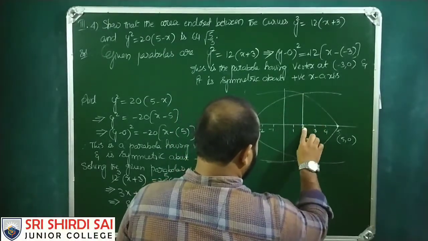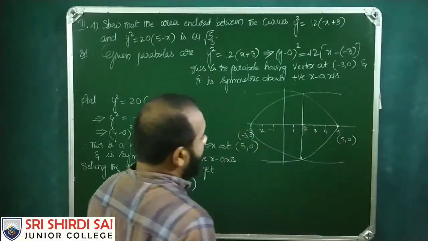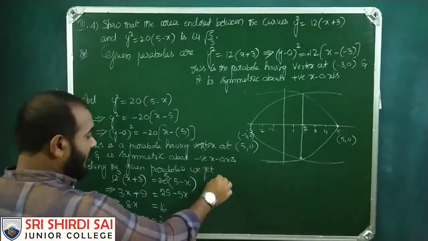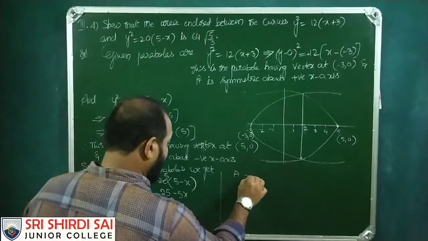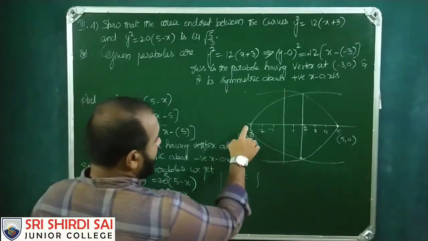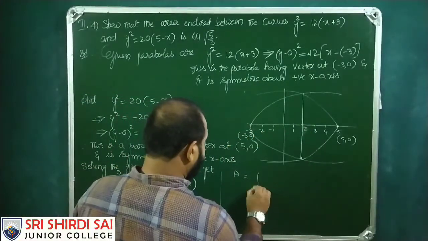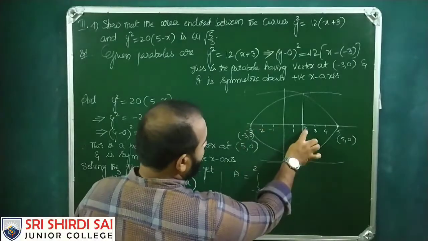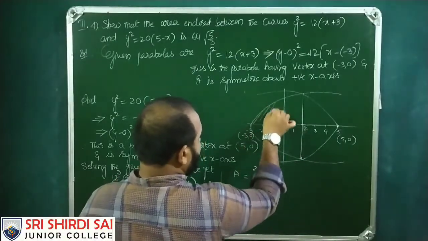Okay, so this is the data given. And here if you see, the area of the region A is equals to integral from minus 3 to 2 of this curve.